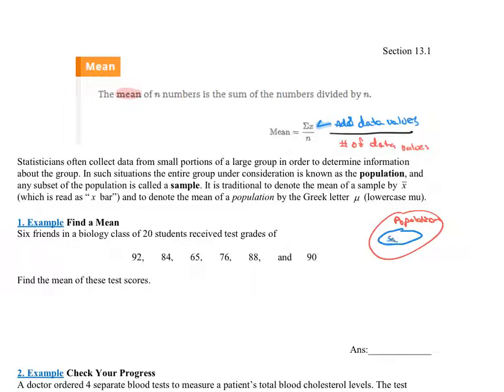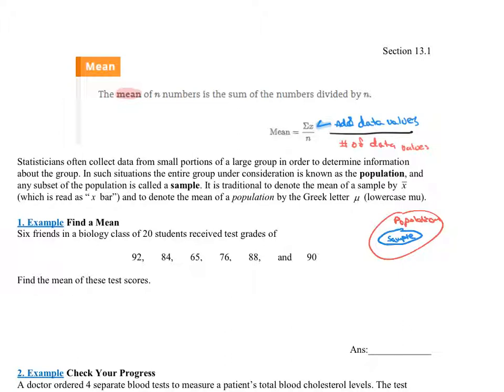So the small set that they actually collect data from is called the sample. You can have a mean of a sample or a mean of a population, and we are going to notice a difference between finding the mean, median, and mode of a sample versus of a population. It really comes into effect when we start talking about standard deviations in later sections.